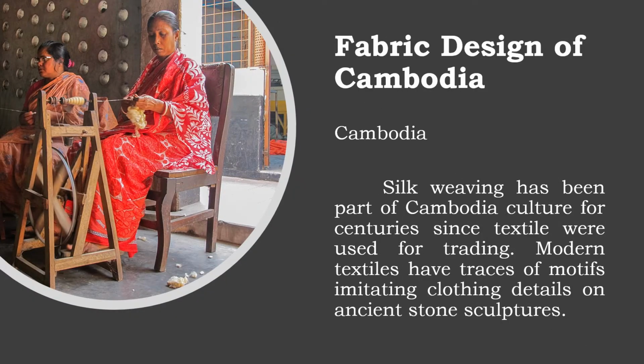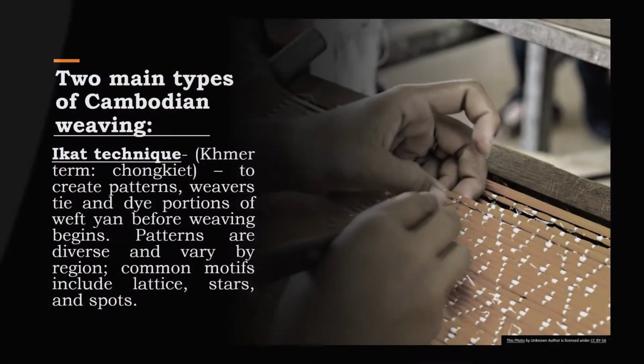Fabric design of Cambodia. In Cambodia, silk weaving has been part of the culture for centuries since textiles were used for trading. Modern textiles have traces of motifs imitating clothing details on ancient stone sculpture.